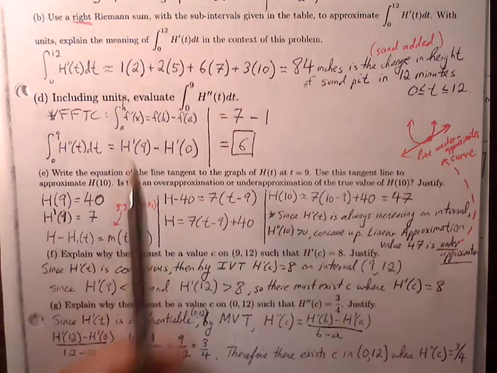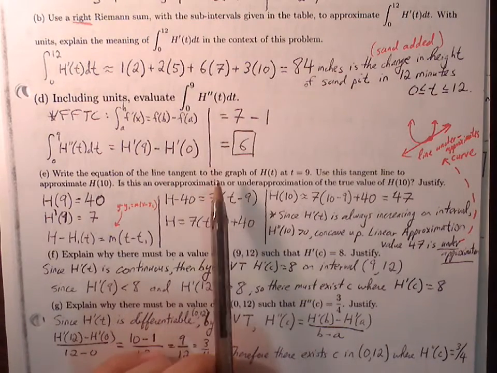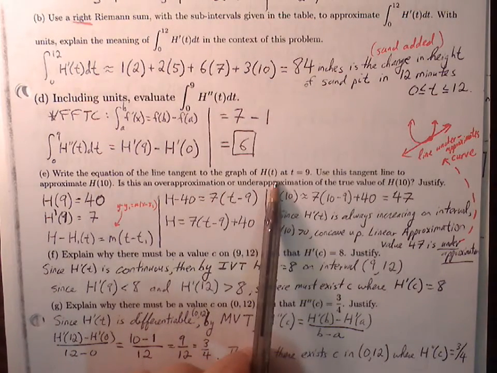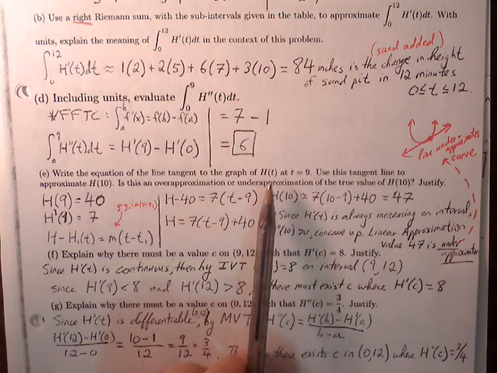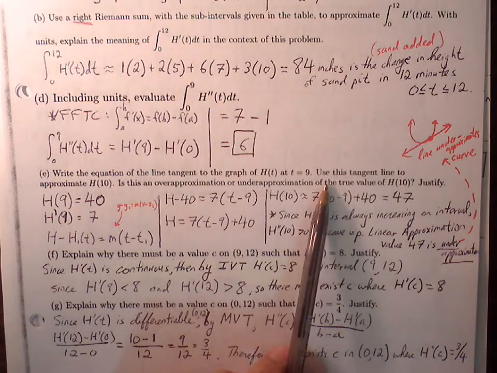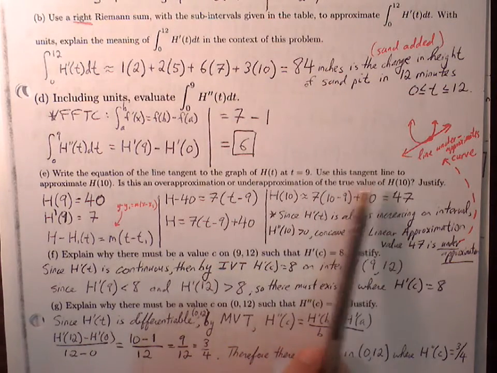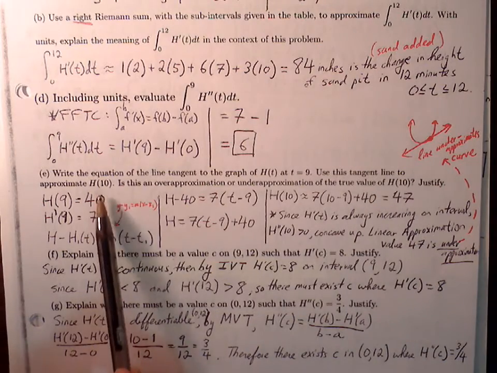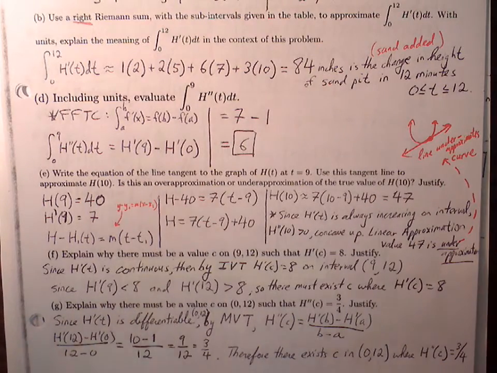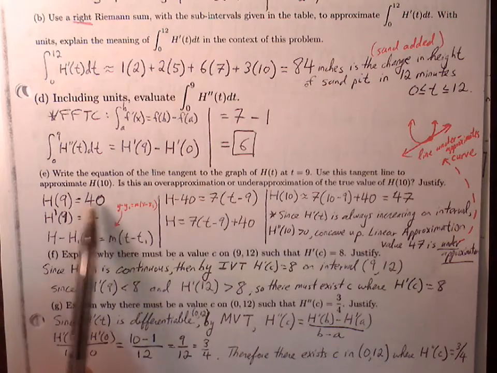Okay, part E. Write the equation of the tangent to the graph of h of t at t equals 9. Use this tangent line to approximate h of 10. Is this an over approximation or under approximation of the true value of h of 10? Justify.